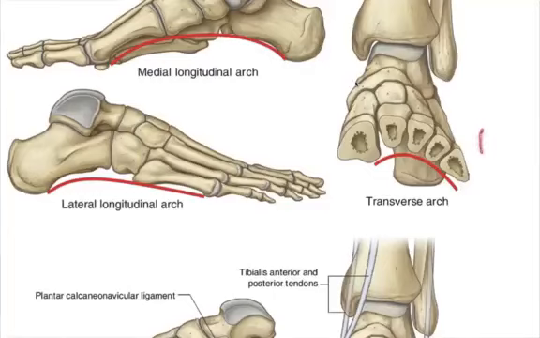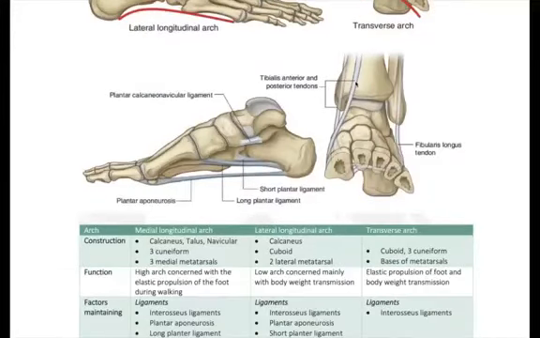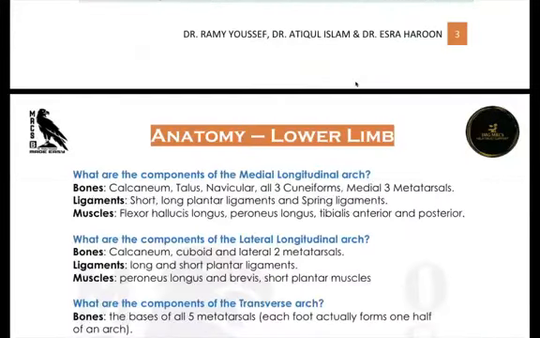What will be the muscle? The peroneus longus. And the bones are the bases of all the 5 metatarsals. Is it clear about the arches? Yes, sir. Clear.